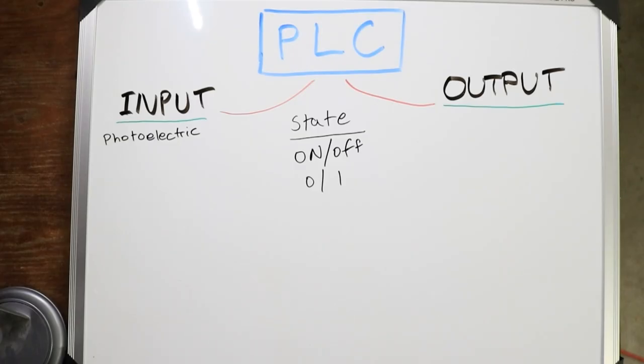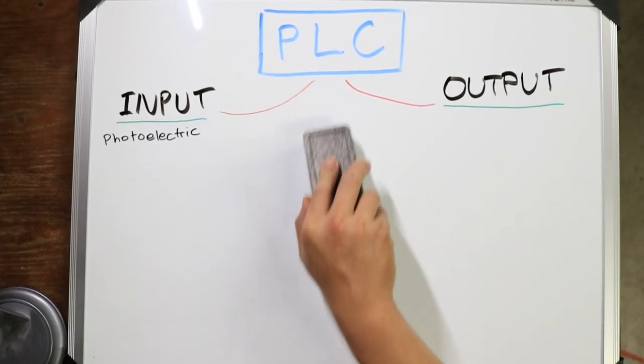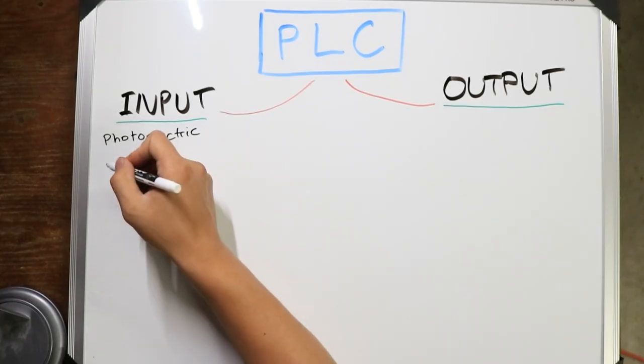Okay, so let me give you a little example. A common sensor we have in the industrial setting is the photoelectric sensor.